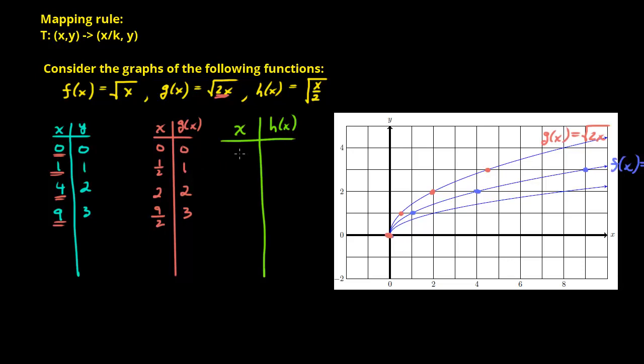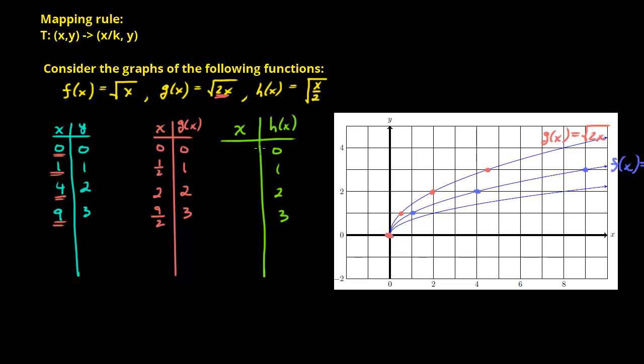So let's think about the different outputs here. We have 0, 1, 2, and 3. And let's think about what x values produce these outputs. So I get an output of 0 for h of x when x over 2 is equal to 0.